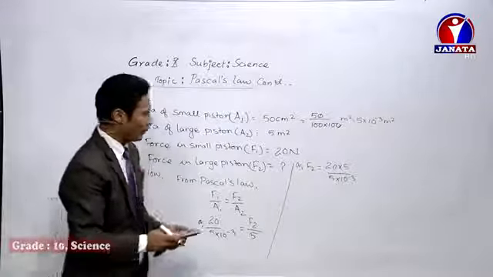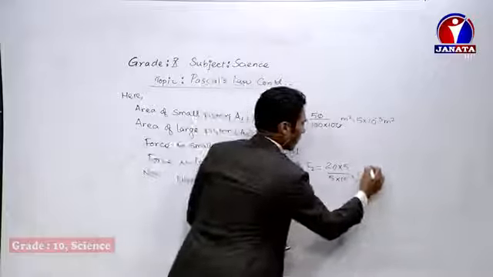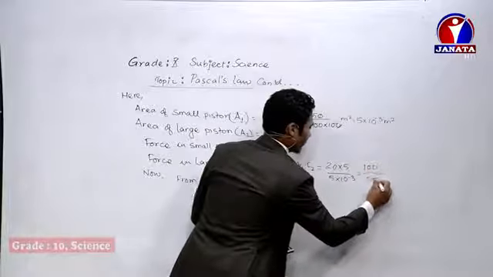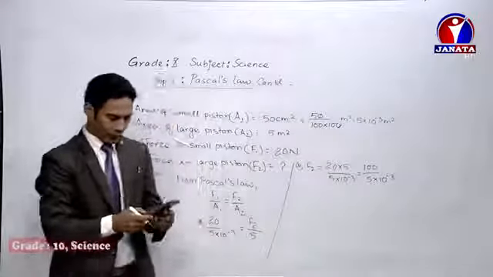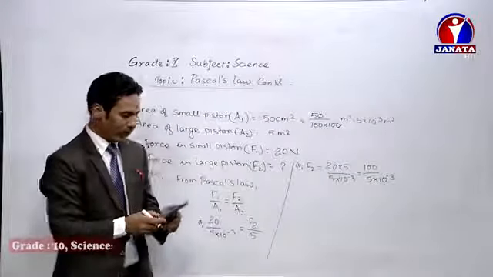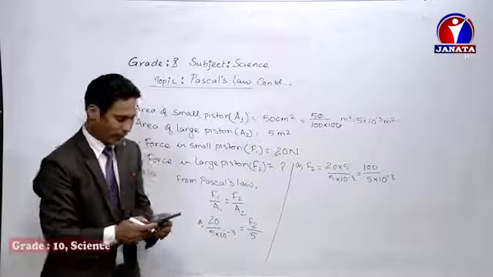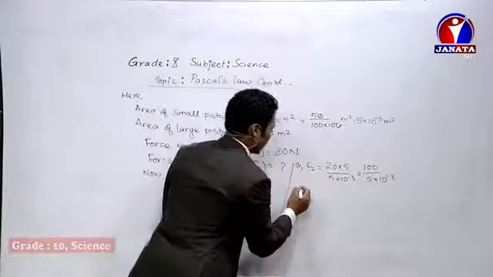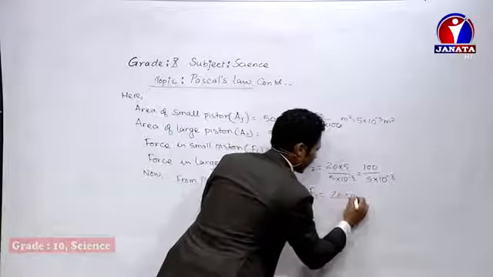20 into 5 is 100. So this is 100 divided by 5 into 10 to the power minus 3, right? It gives the answer 20,000. Therefore, F2 equals 20,000.